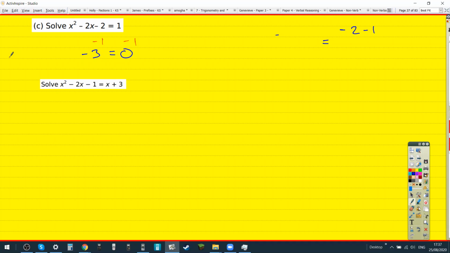Minus 2x. What else? X squared. Yes. And so now you've made it equal to 0. So now you can solve it.